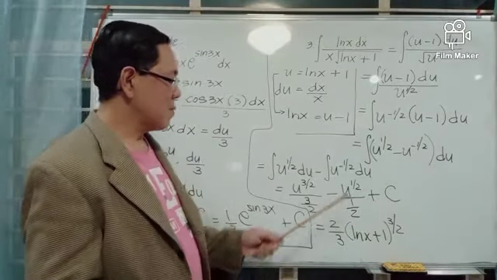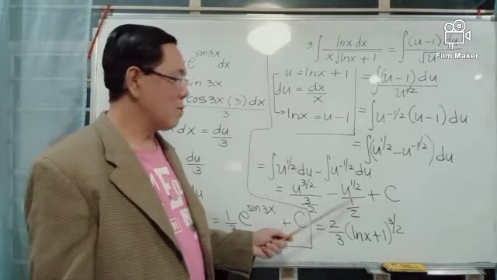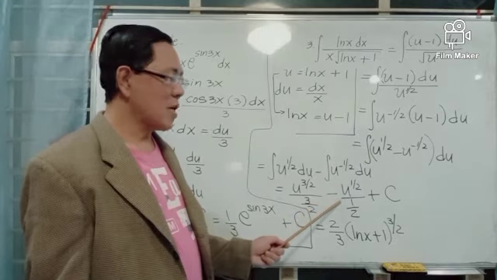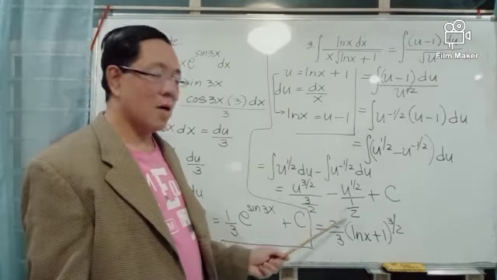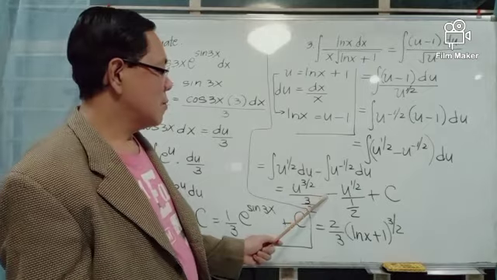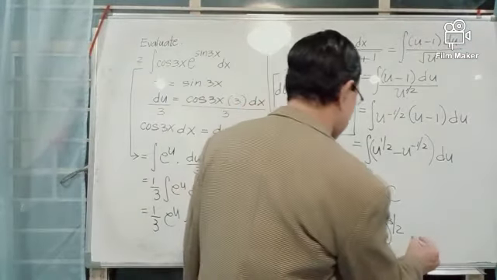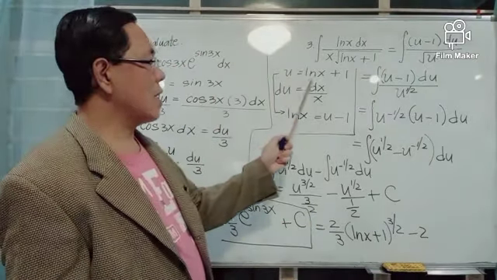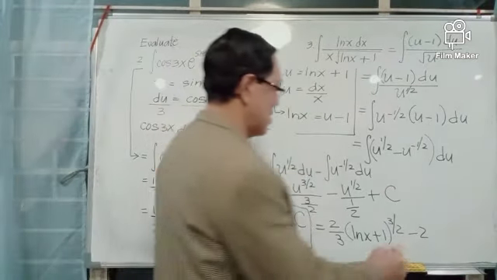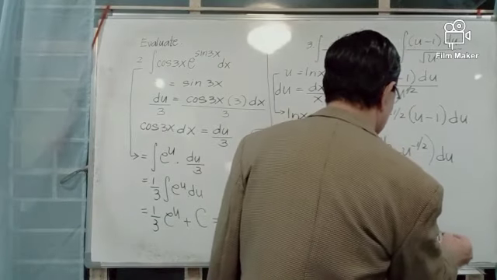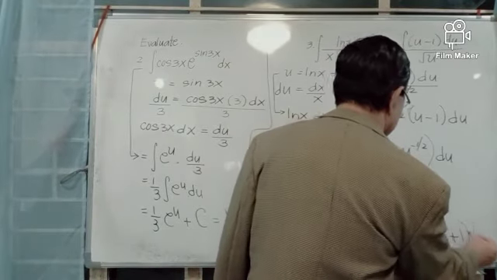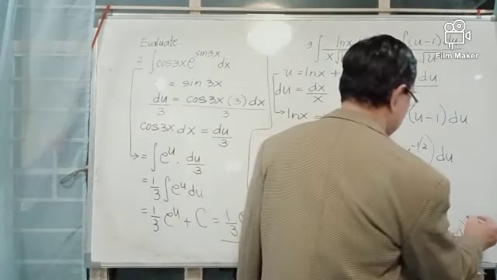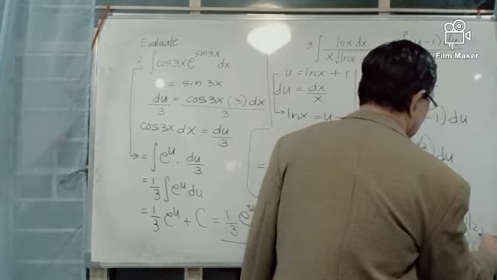Minus, to simplify this fraction, numerator divided by 1 half is equal to the numerator times the reciprocal of 1 half, which is 2. We get minus 2 multiplied by u. U is ln x plus 1, to the power 1 half, plus c.